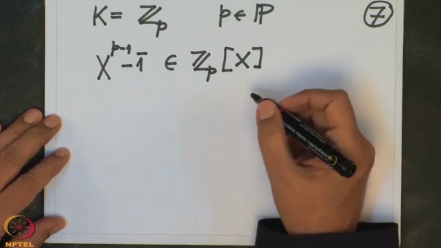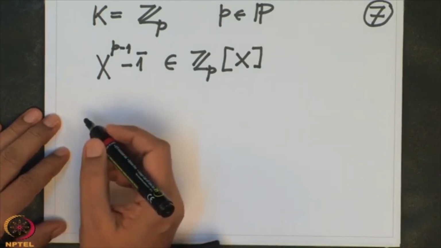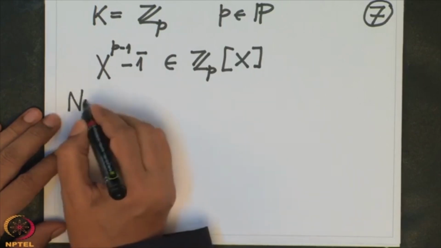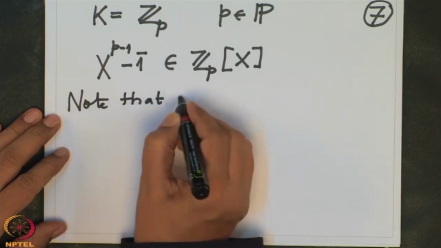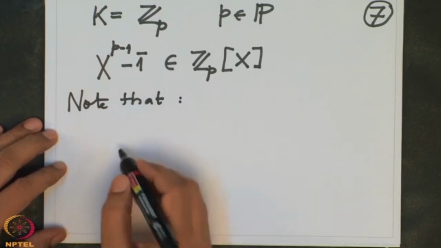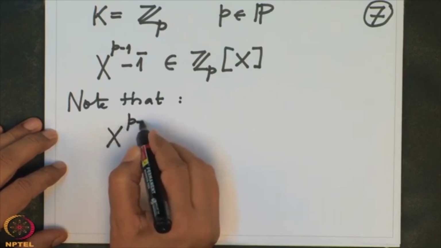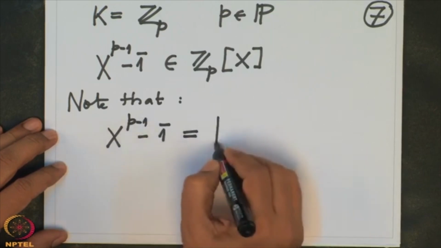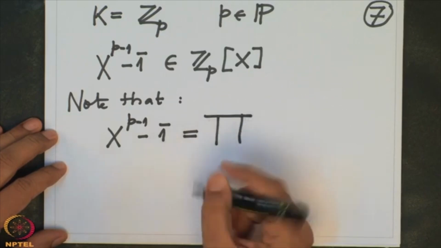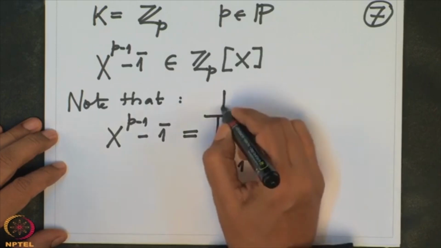Okay, and then what do we want to apply? What did we write? We want to find out, first of all, note that x to the power p minus 1 minus 1, this given polynomial, is in fact the product, with k varying from 1 to p minus 1, of x minus k.